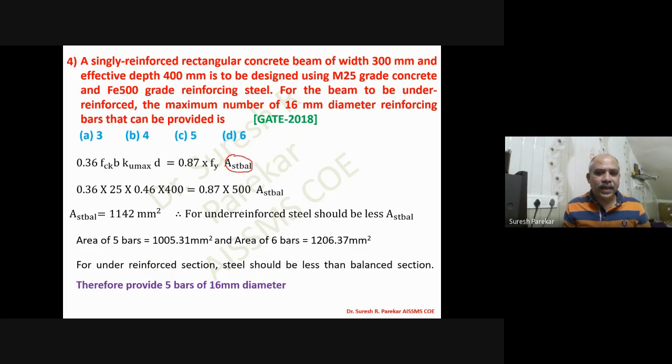And in the limit state method, my AST should always be less than AST balance, because we are not allowing an over reinforced section in the limit state method, and therefore we have to provide steel less than 1142 millimeter square. Now for 5 bars we have 1005.31 and for 6 bars we have 1206.37. So we have to go for 5, because 6 bars goes more than this. So the answer is 5, that is option C.